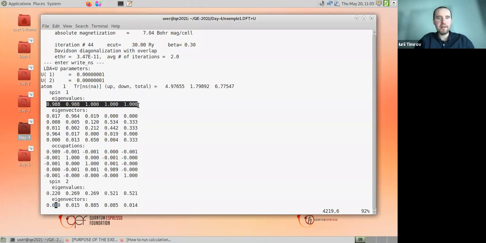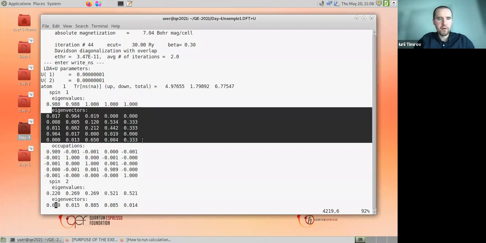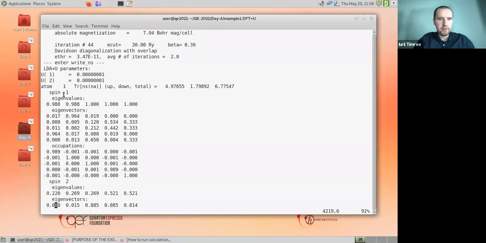When you diagonalize the 5 by 5 matrix, you obtain 5 eigenvalues. So on the diagonal, you have 5 eigenvalues. We see that all of them are almost 1, so they are fully occupied. And also you have eigenvectors. This is for spin 1, which is spin up.